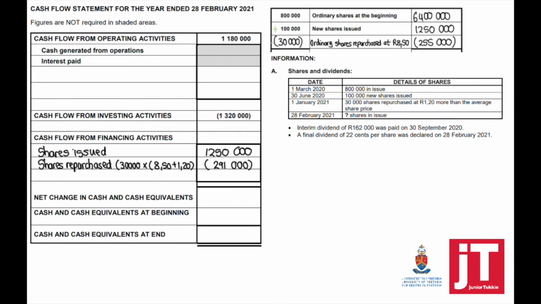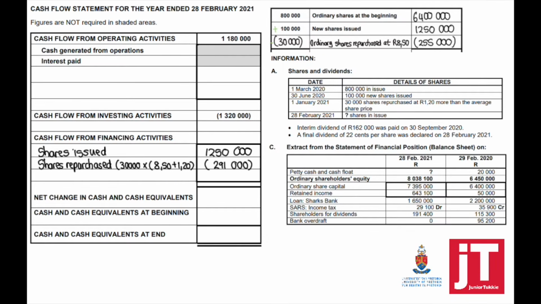That equals the total repurchase price, which must be in brackets because it's an outflow of cash. Remember in the beginning I said, what else does the financing activity consist out of? Loan. So now if we look at the extract from the statement of financial position, we've got loan from Sharks Bank.